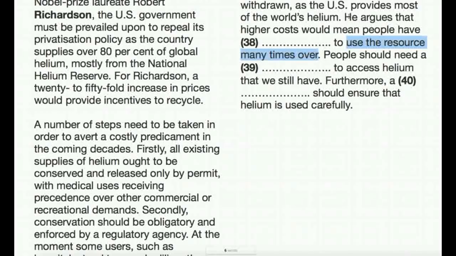He argues higher costs would mean people have to, a 20 to 50-fold increase in prices is that part. So we're only left with this part here to fit in here. So people have something to use the resource many times over. So they have incentives. So this is the answer to go in here.